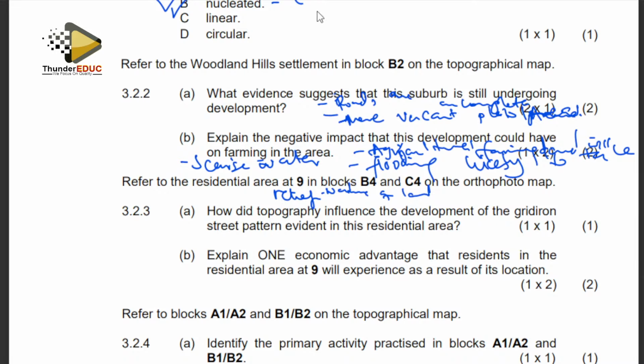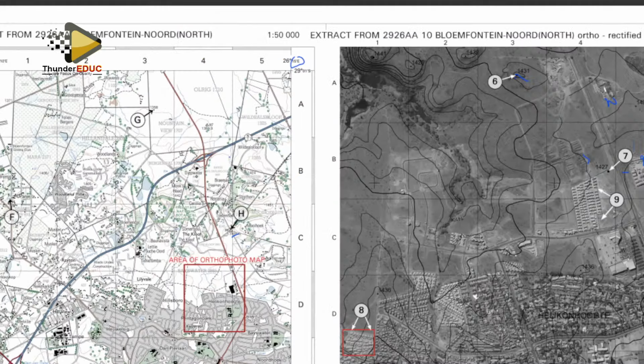So we are looking at how the nature of the gradient influenced. If you look at the area, is it steep or gentle? Look at the contour lines. The contour lines on this other side are a bit close to each other, but here they are far away from each other, meaning that this area is flat.